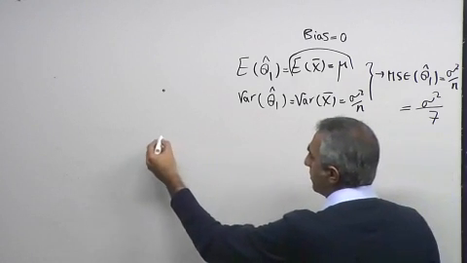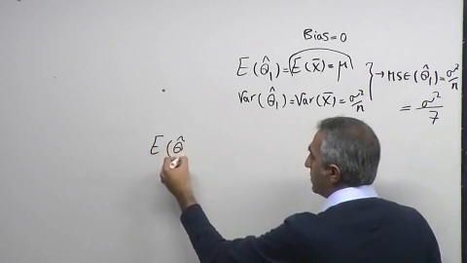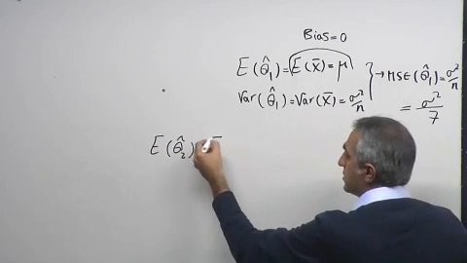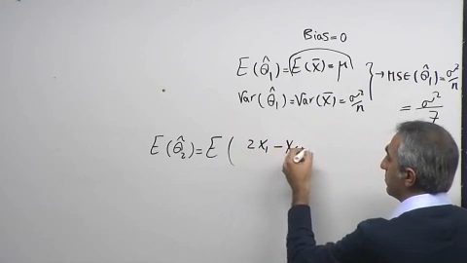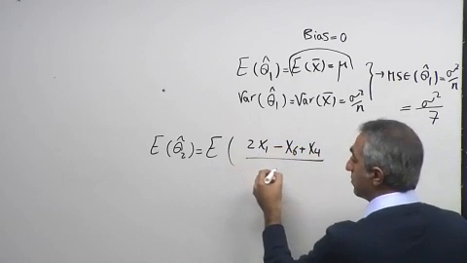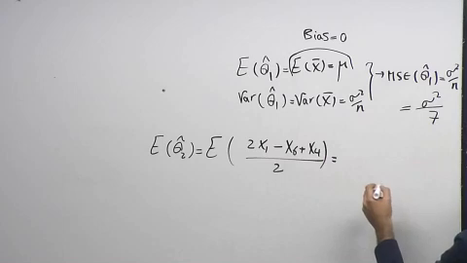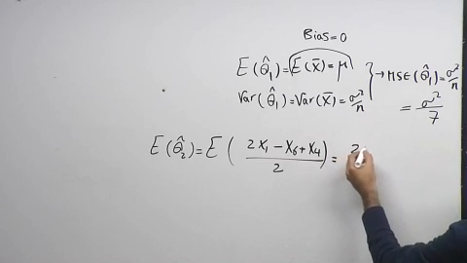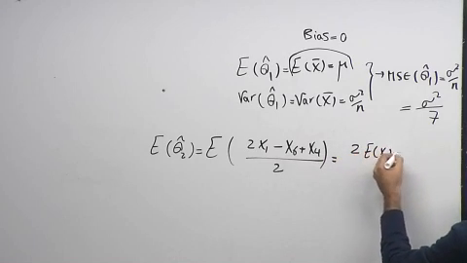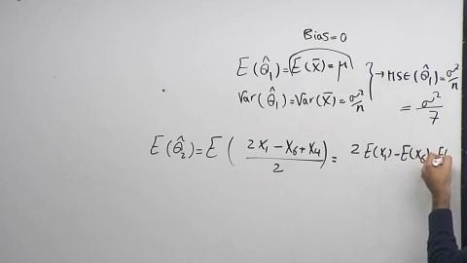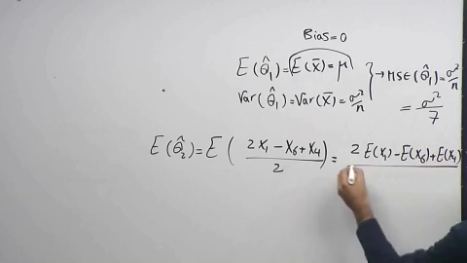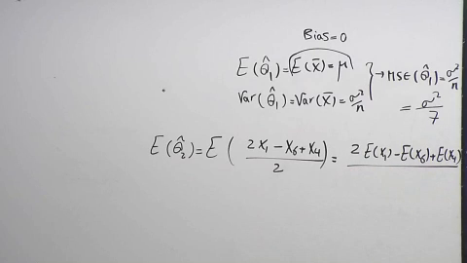So how about the second one? The expected value of the second estimator is the expected value of this, which is 2 times the expected value of x1 minus the expected value of x6 plus the expected value of x4, divided by 2, because 2 is a constant.